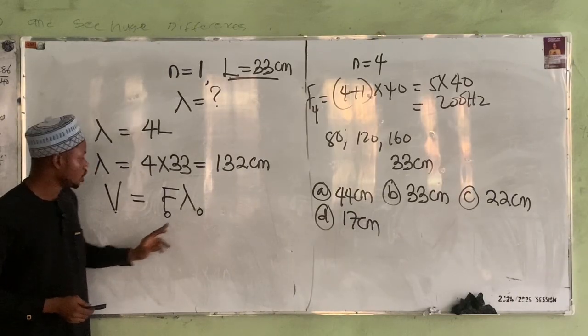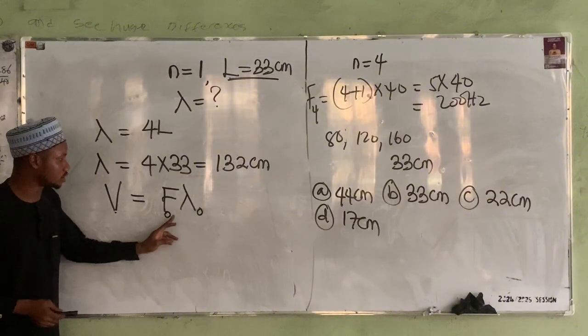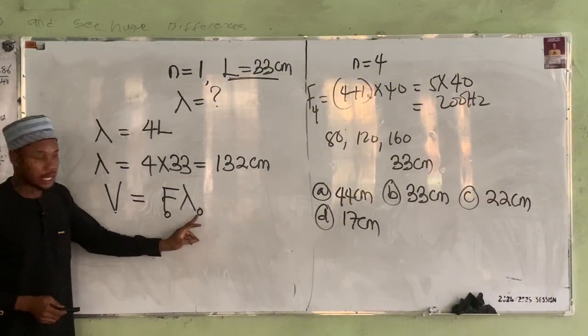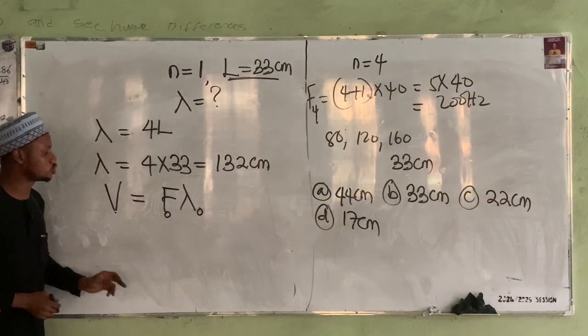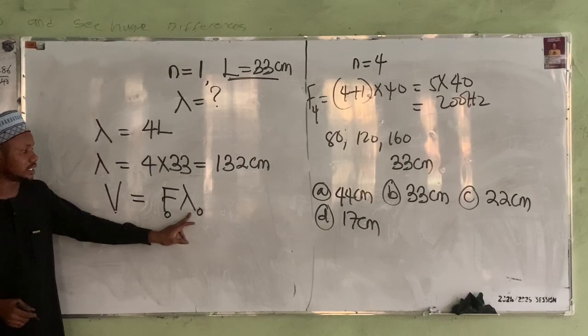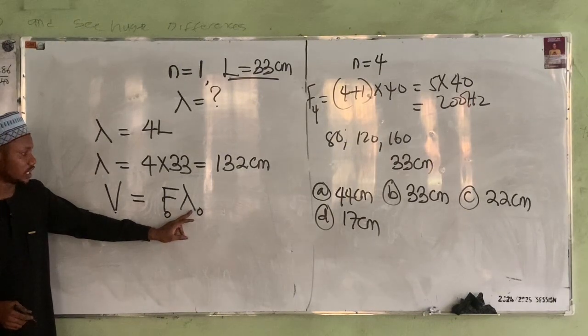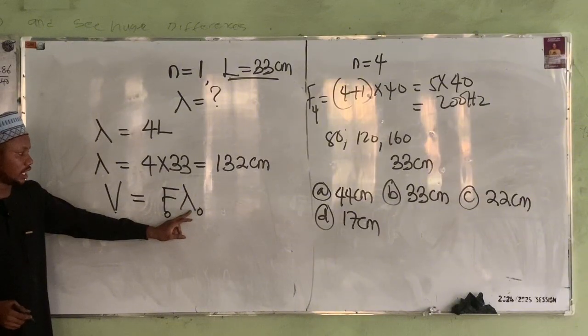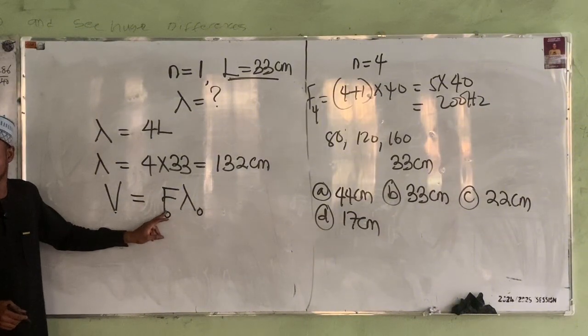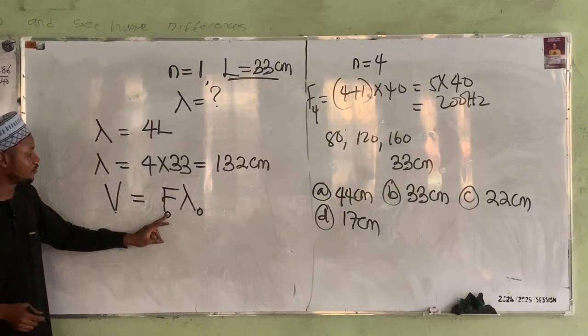Please take note. If I have V equal to F naught lambda naught, class, at this point my intention is not to find the fundamental wavelength, it is to find the overtone frequency. So now let's find the fundamental frequency from here.